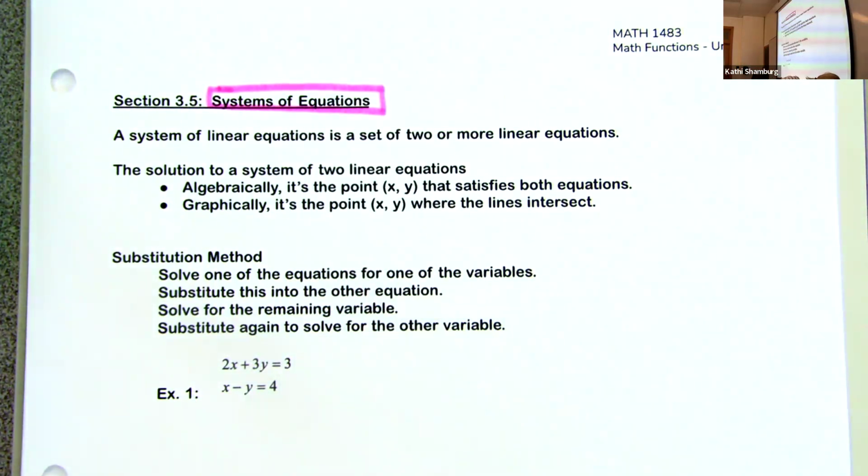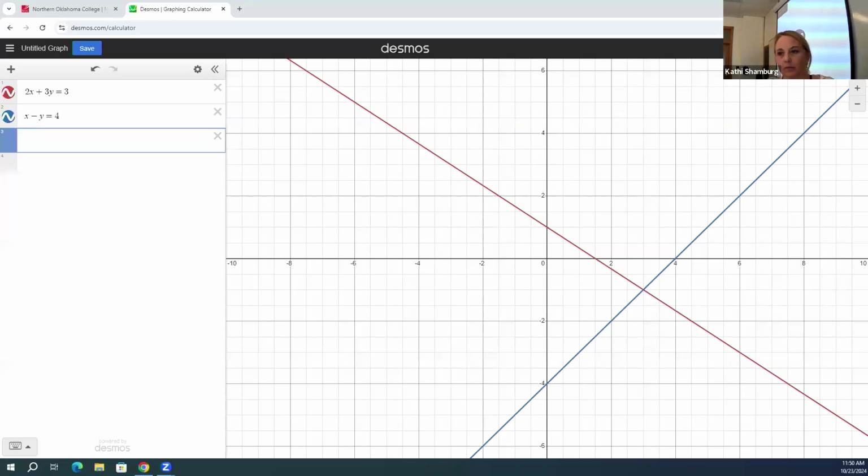So I have actually graphed 2 equations in this, which is called Desmos. And so I have a red equation and I have a blue equation. Okay, so on the red line, every dot on this line would represent an ordered pair that is on that line.